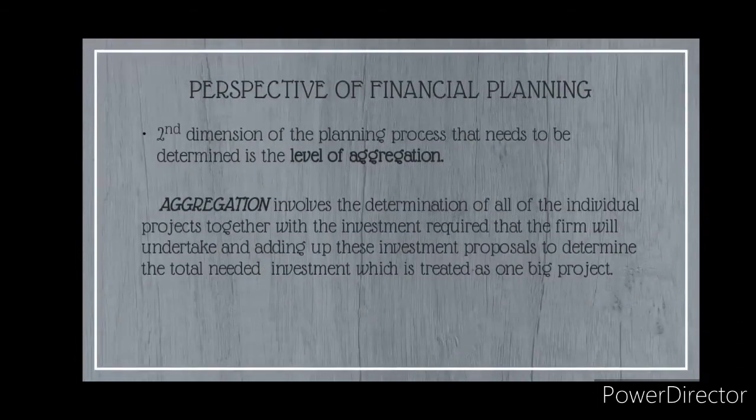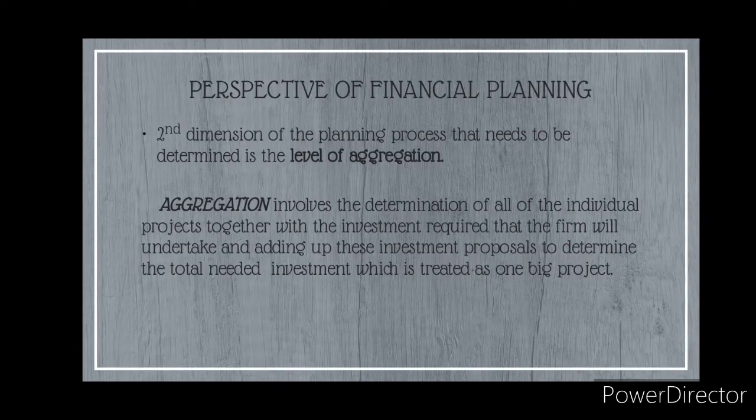The second dimension of the planning process that needs to be determined is the level of aggregation. Aggregation involves combining all of the individual projects together with the investment required that the firm will undertake and adding up these investment proposals to determine the total needed investment, which is treated as one big project.